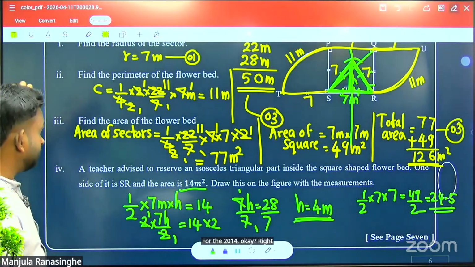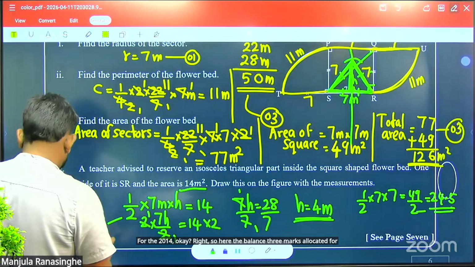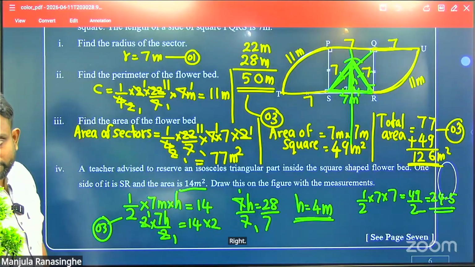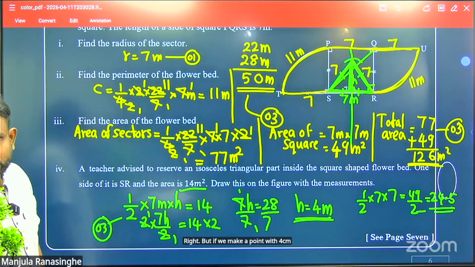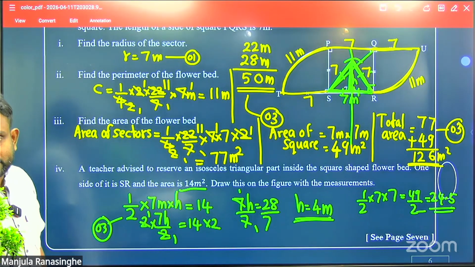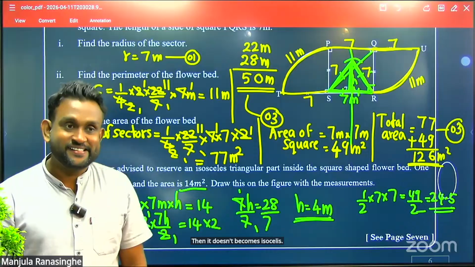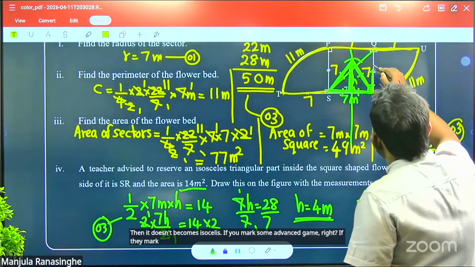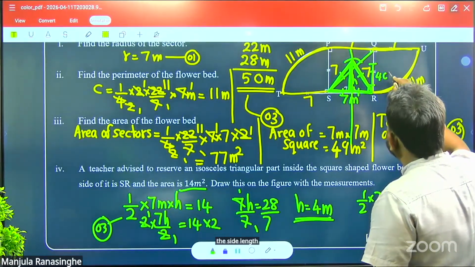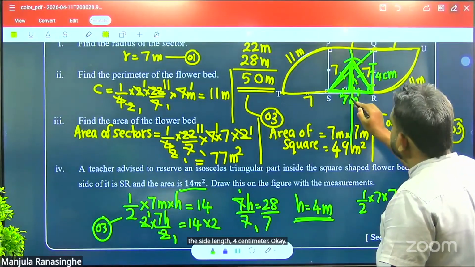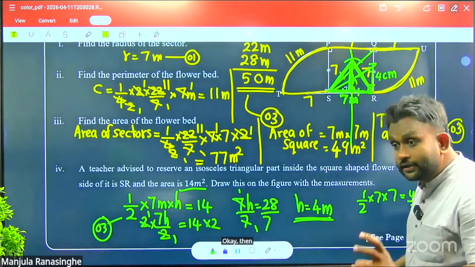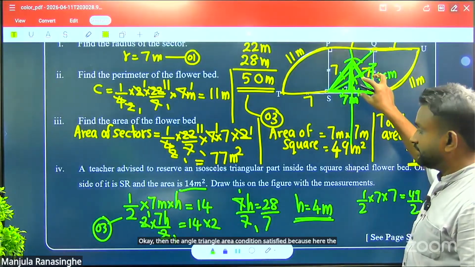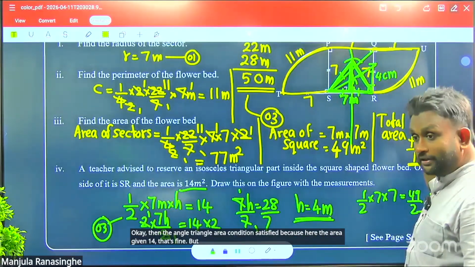Right. So here 3 marks are allocated for calculating this part. But one student asks: if we mark a point with 4 centimeters on QR, then it doesn't become isosceles.